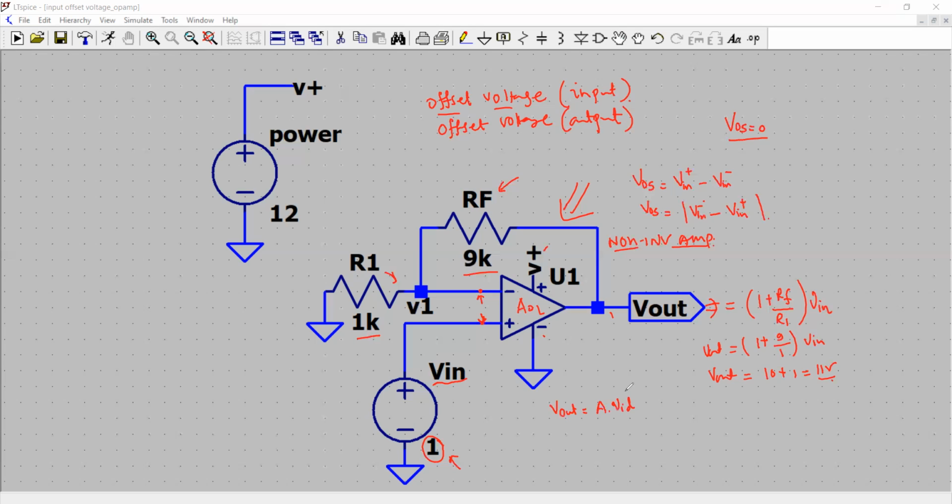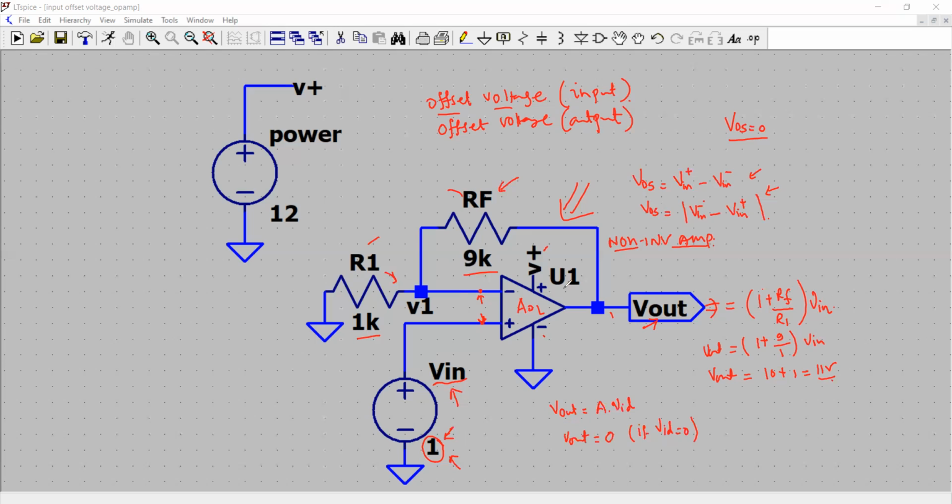So if the offset voltage, which is the difference between the two inputs of the op amp, is 0, then the output due to it will also be 0 if VID is equal to 0. In such a case, when you apply a V in as given right here, and you have this feedback arrangement, the output is given by 1 plus RF over R1 times V in.